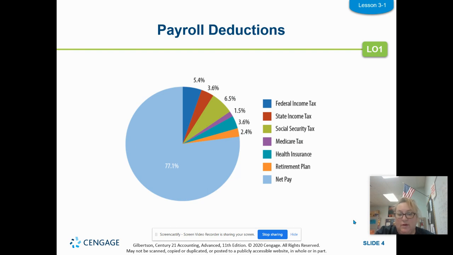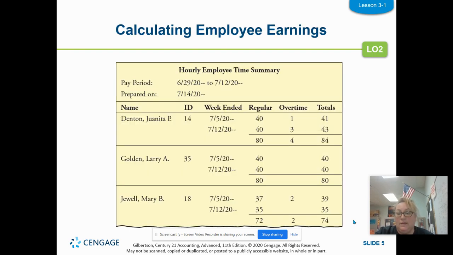Obviously, they did some rounding up. Then it depends on what your cost is for your health insurance and retirement plan. And that big, huge light blue part is your net pay, which is the pay after taxes. Remember, gross is before. I think they use the word gross because it's so disgusting how little you get paid after taxes.